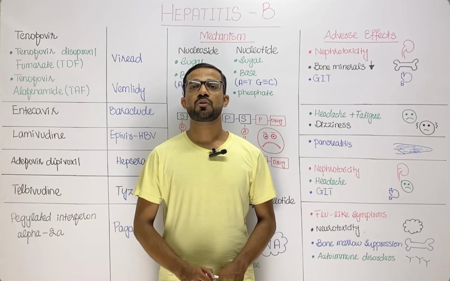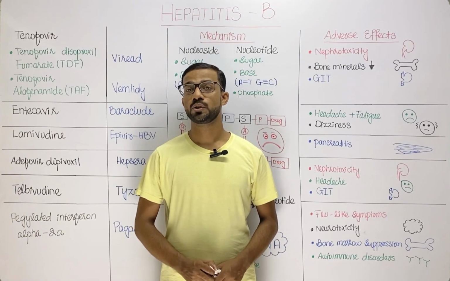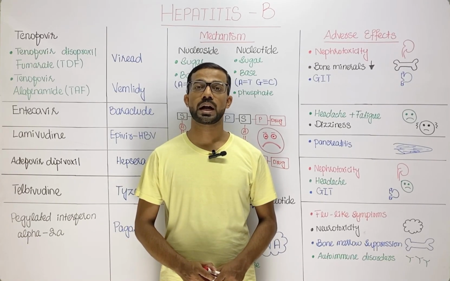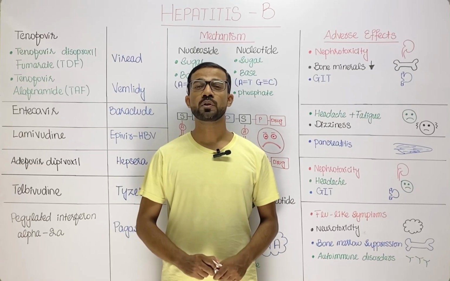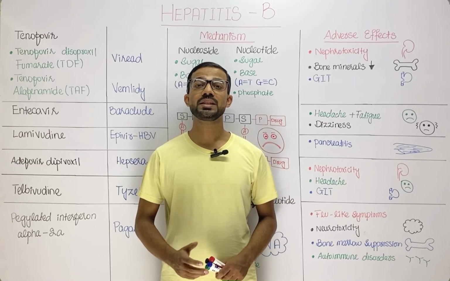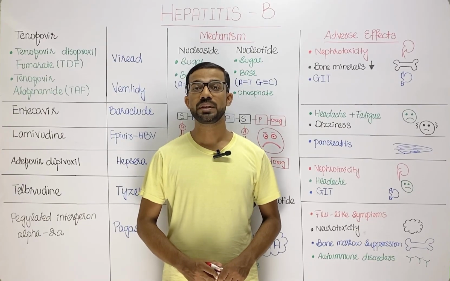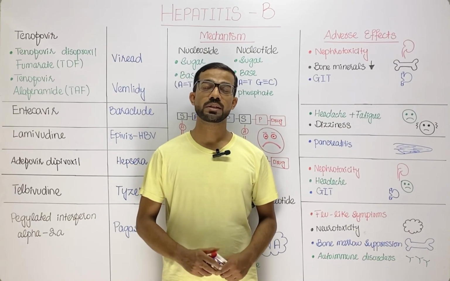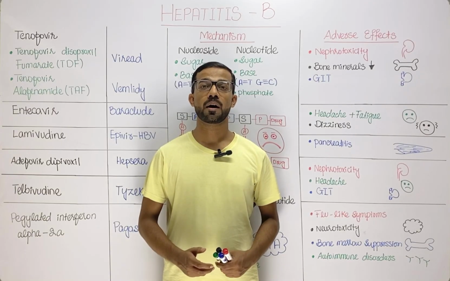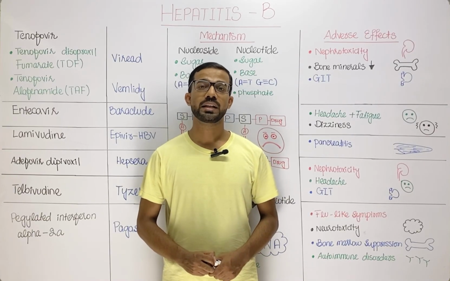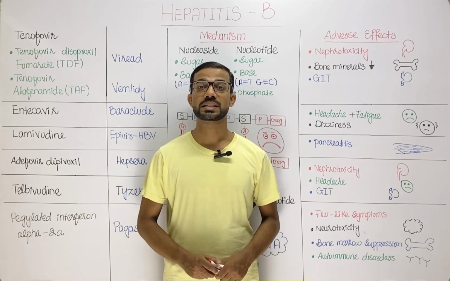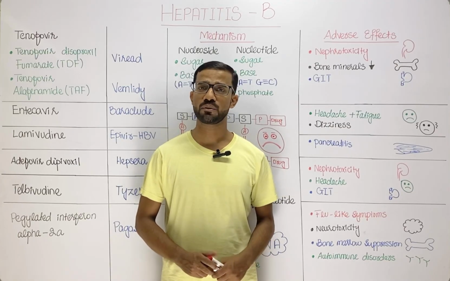In this lecture, we are going to discuss different drugs that are used in the treatment of hepatitis B. But the important thing which you have to remember is that these drugs just stop the replication of the hepatitis B virus. So it means that when someone discontinues taking these drugs, hepatitis B virus can be reactivated again in the future.